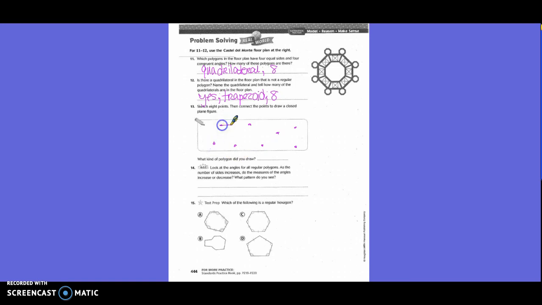And then I'm going to connect them to make a closed plane figure. So basically where I did my last dot, I went ahead and closed it. So what kind of polygon did you draw? What kind of polygon do I have, guys? It has 8 sides. So what's that called? An octagon.